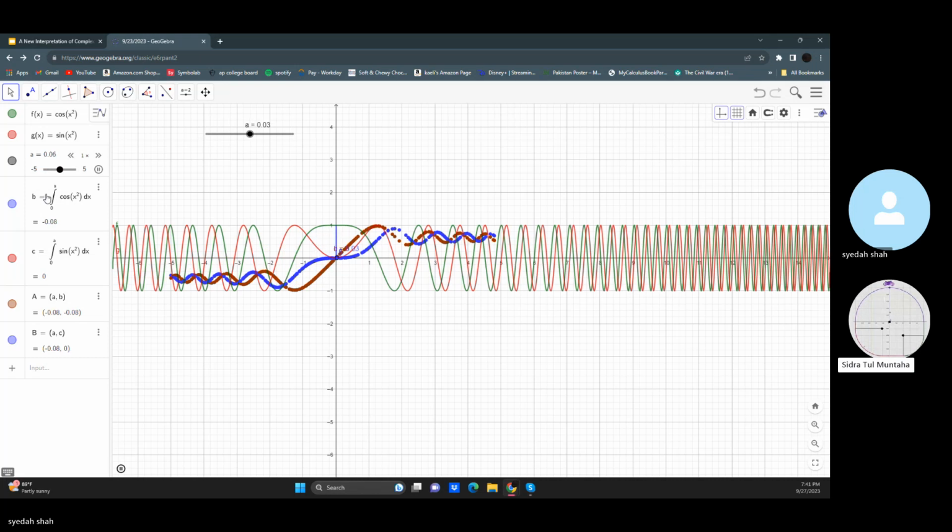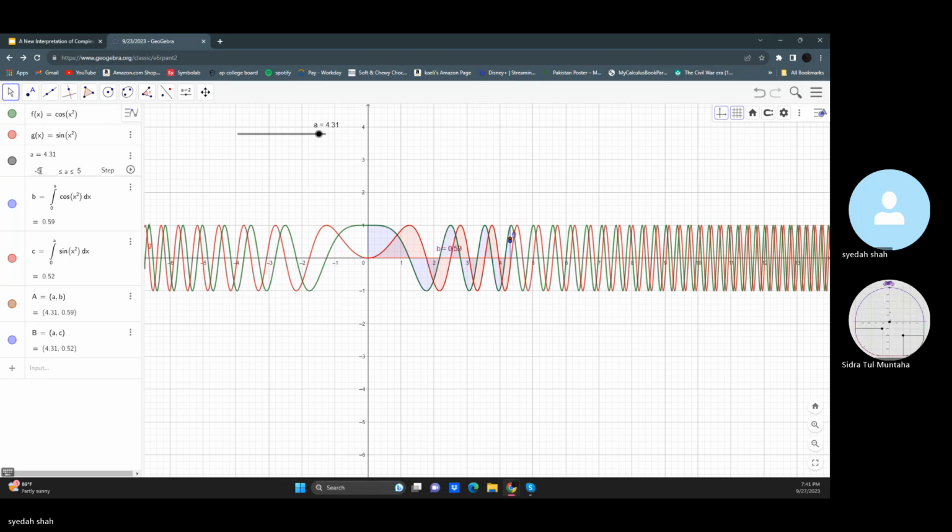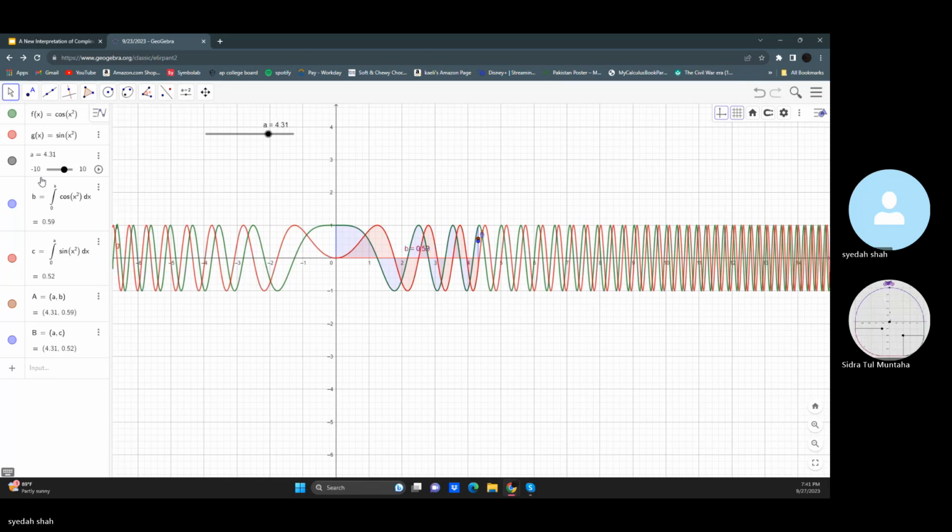Can you now see what is the difference in the curves of sine of x squared and cos of x squared and these new integrated curves which we have made? Also, you can increase the range of the slider from -10 to 10. Now play.